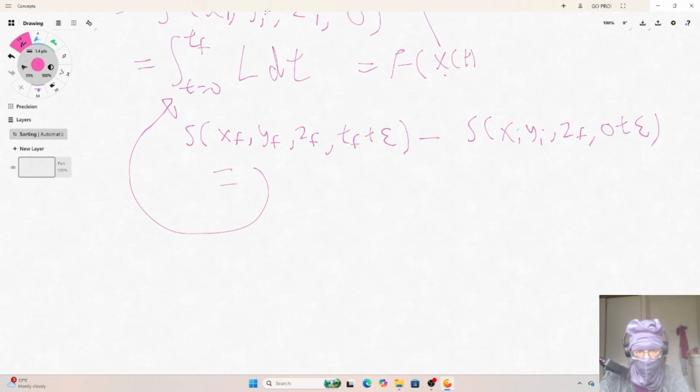The only way for that to work is, we have to decompose that function into two parts.